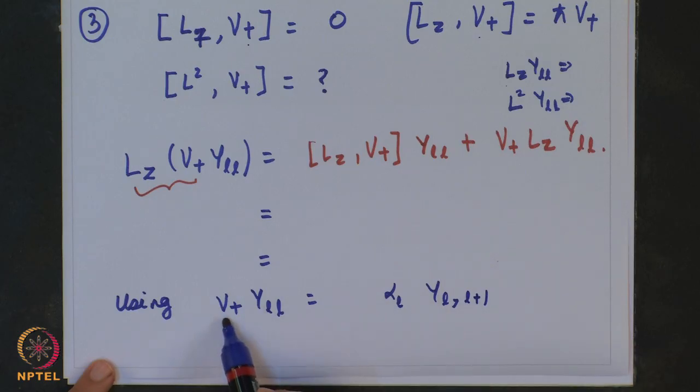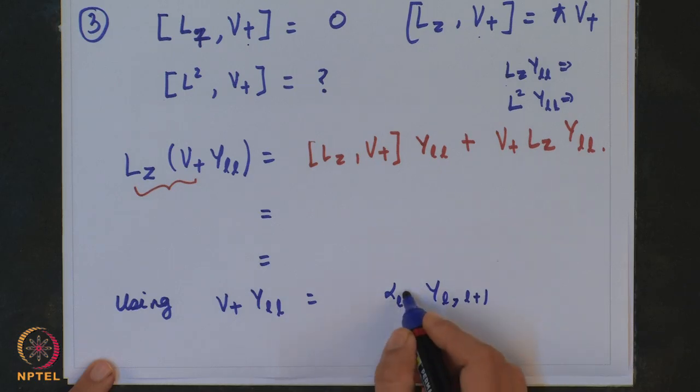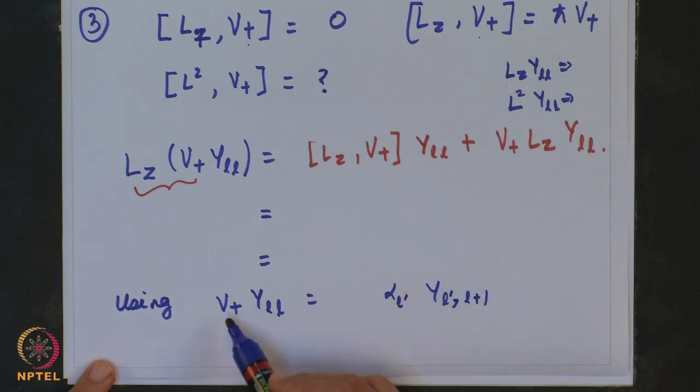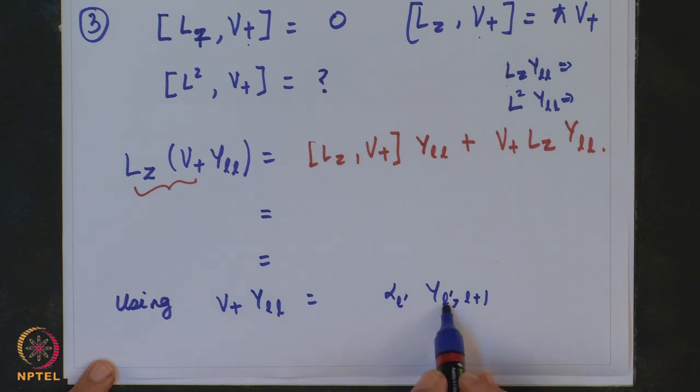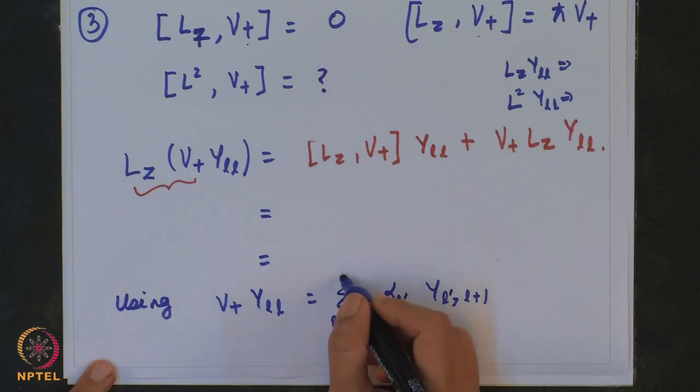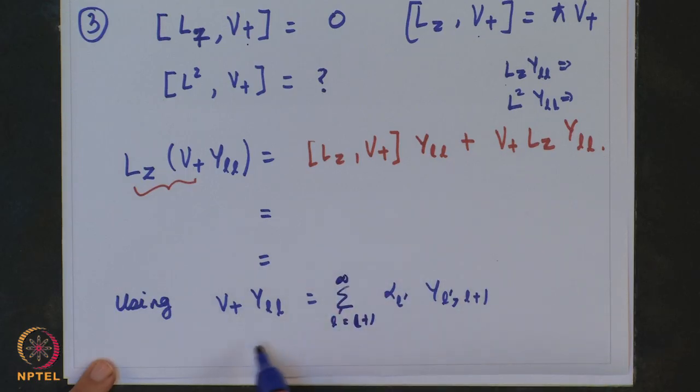If this ladder operator takes you from L to L plus 1, where L prime, we assume that it is not a trivial operator and it may change L to L plus 1, and there is some L prime going from L plus 1 to some infinity. So, using this hint you can evaluate the second part of the relation that you have to obtain.